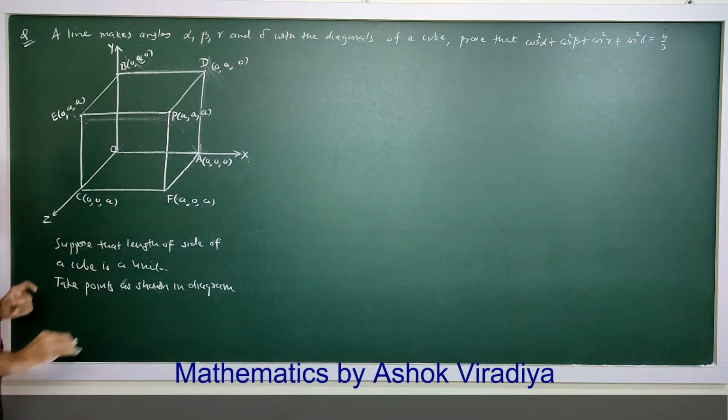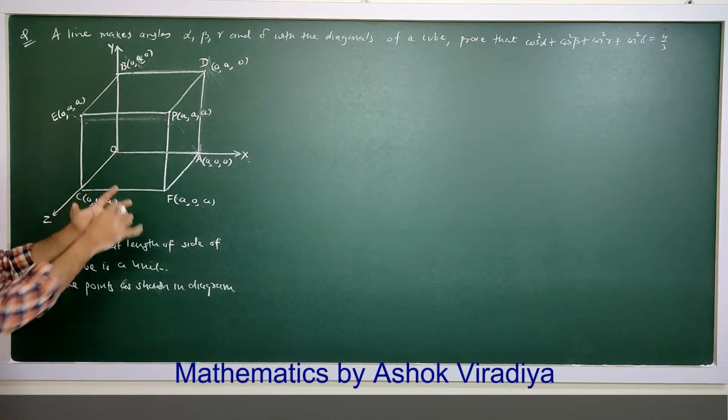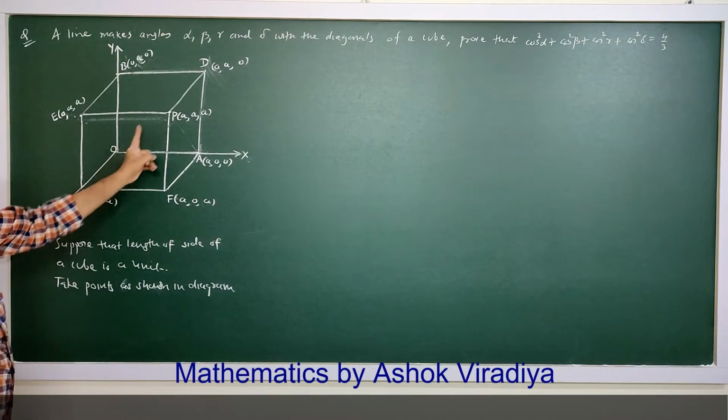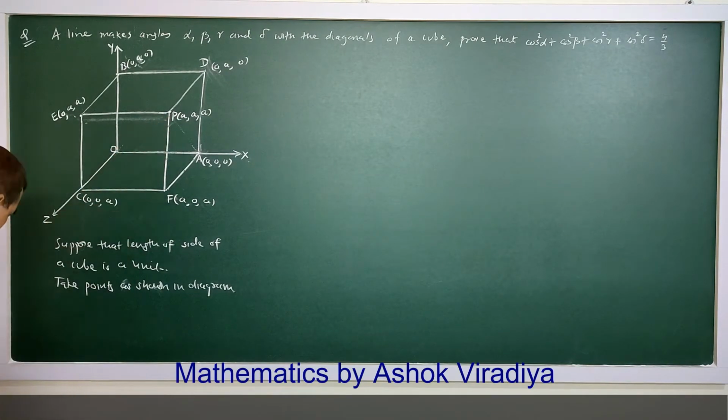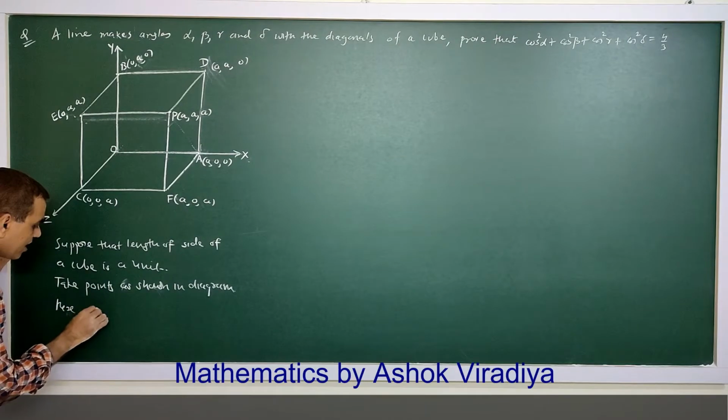Because this is a three-dimensional diagram, we are not drawing these diagonals, otherwise everything will be overlapped and the diagram becomes congested. So just imagine joining O and P. O and P are opposite. This corner is O, the opposite corner is P. So OP is a diagonal.